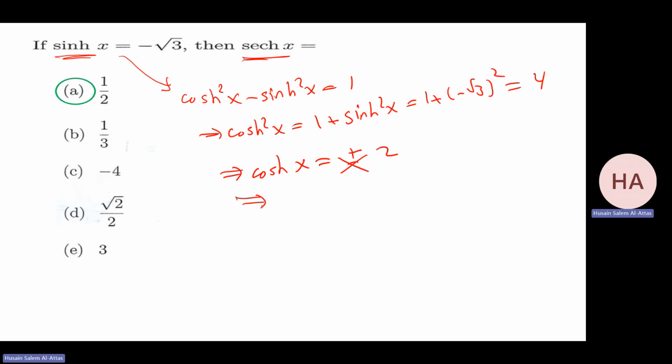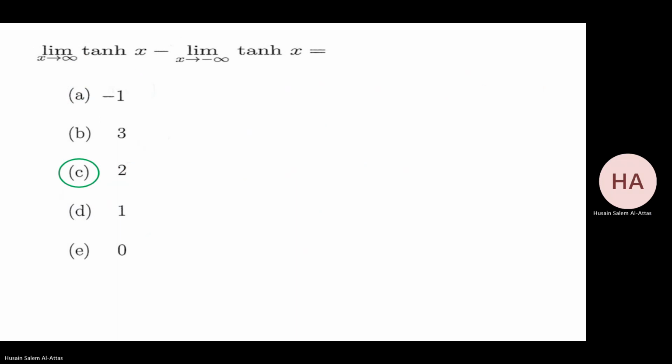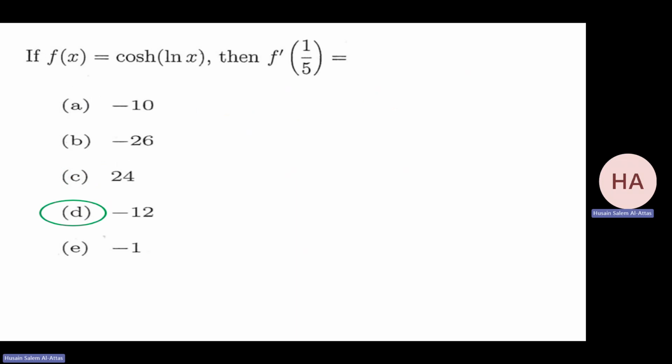So that means secant hyperbolic will be here, and that is the answer. Actually, these cannot be solutions because secant is always between 0 and 1.